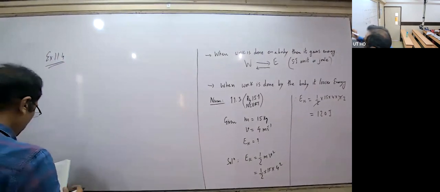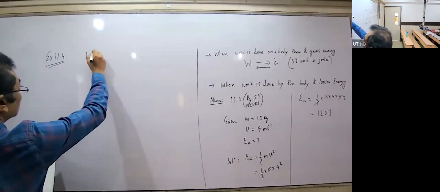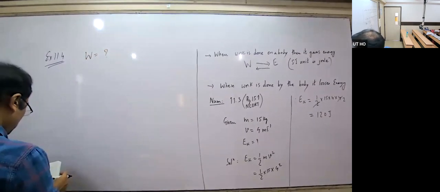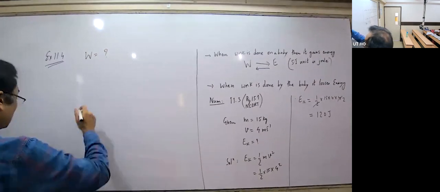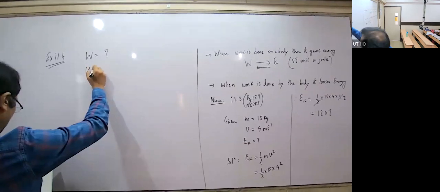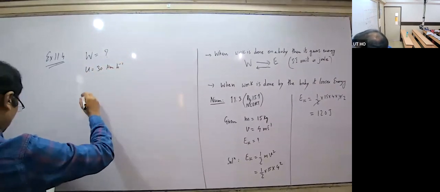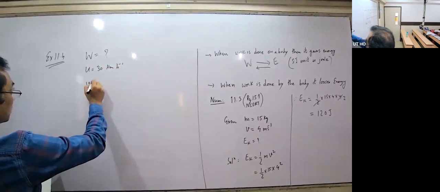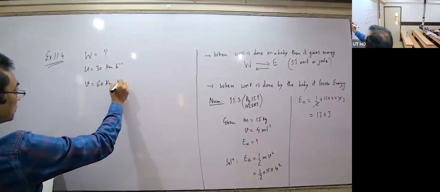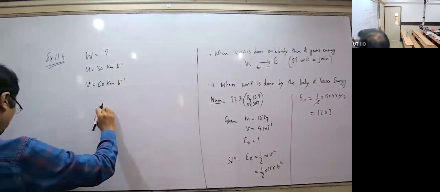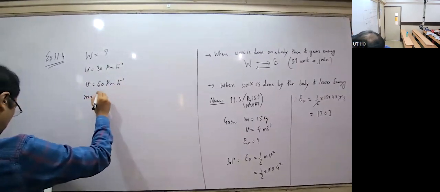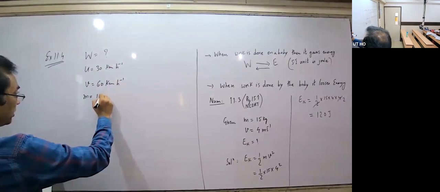So in this numerical, you have to find what is the work done. So initial velocity u is given as 30 km per hour. Final velocity is 60 km per hour. Okay, mass is given as 1500 kg.